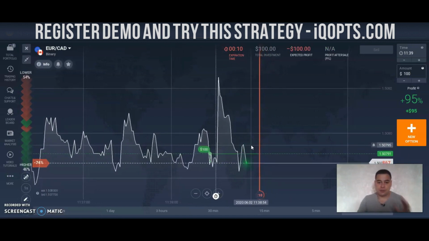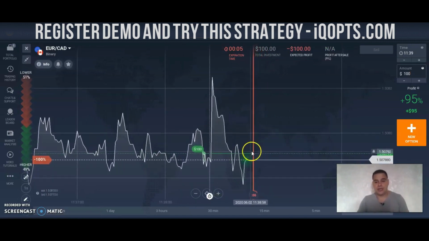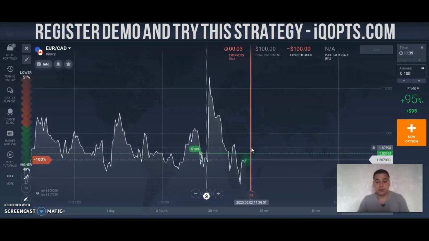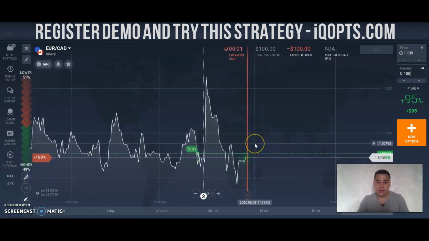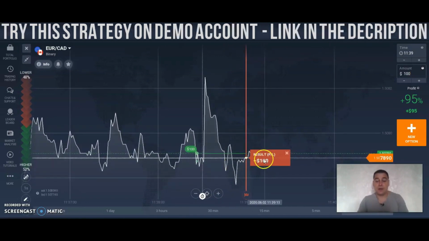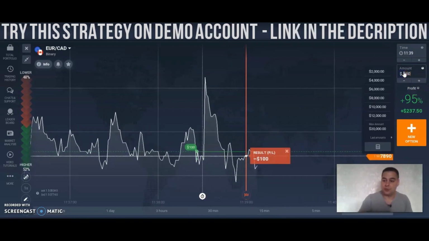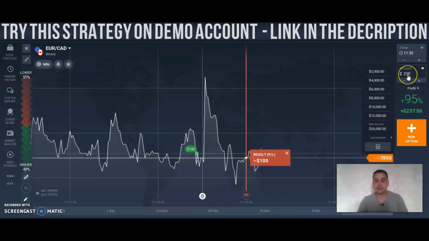Of course, it's pretty risky and you should not invest more money than you can afford to lose. I can afford some losses, but nobody likes it. Okay, great. Minus 100. That means that I should make a 2.5 times bigger bet the next one.